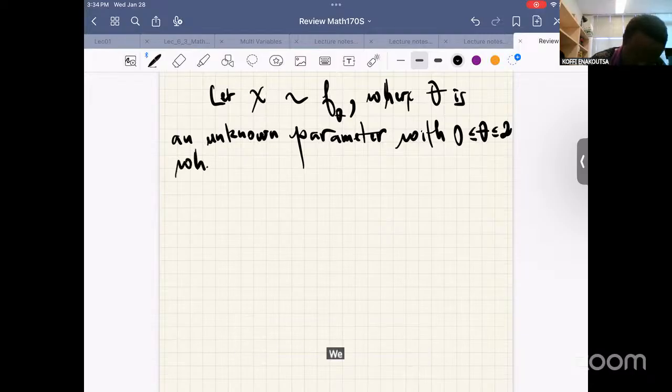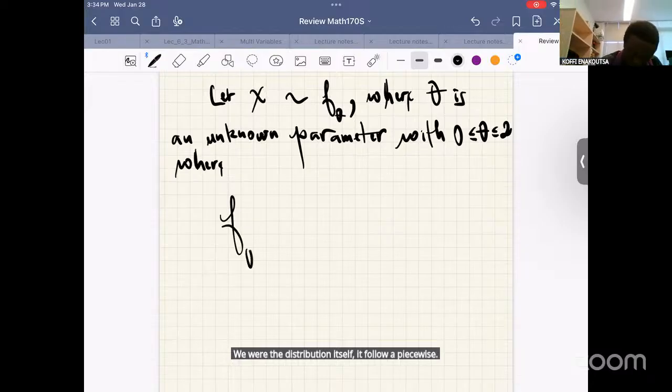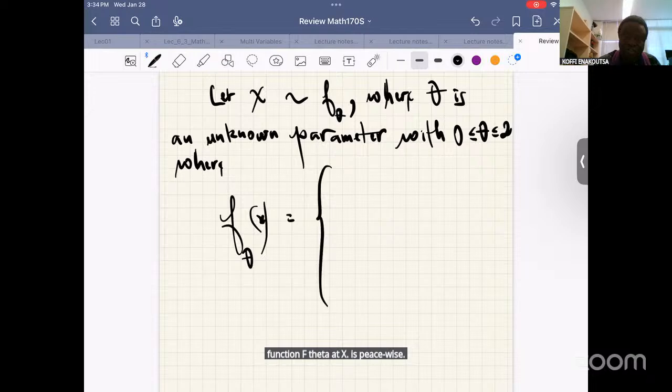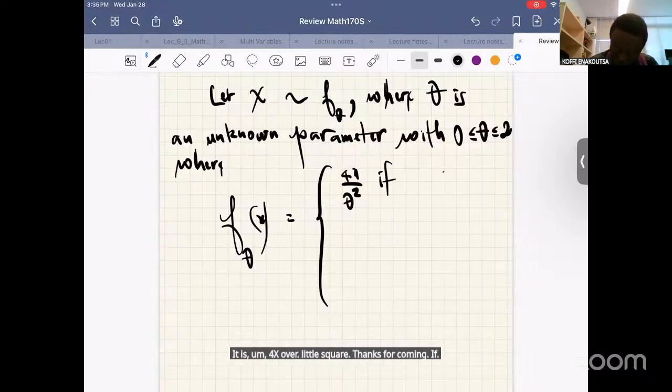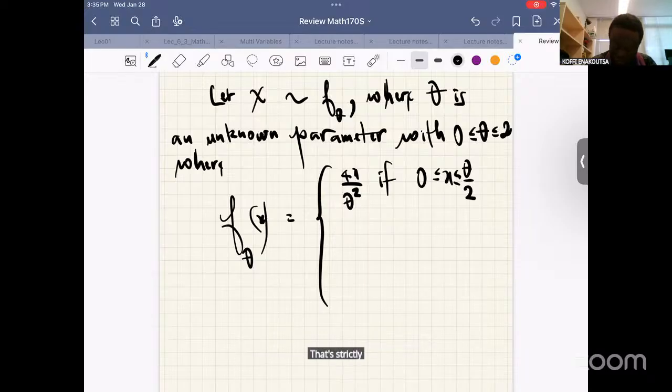Where the distribution itself follows a piecewise function. f theta at x is piecewise. It is 4x over theta squared if x is between 0 and theta divided by 2, strictly less in this case.